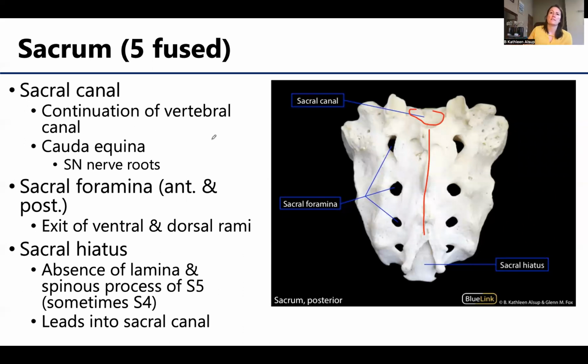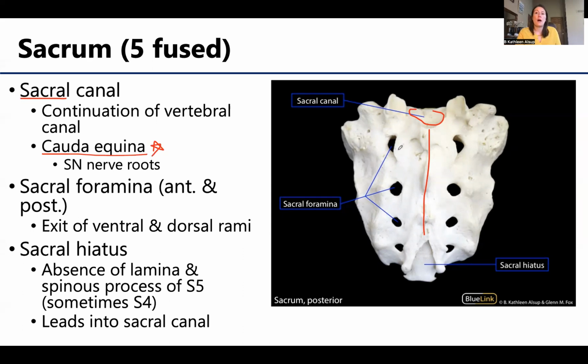But at the end of the spinal cord, you'll have the roots that are going to form the more inferior portions of the spinal nerves that will extend within the canal, and specifically the sacral canal. And these nerve roots are referred to as the cauda equina. So more to come here, but that is what's traversing the sacral canal.